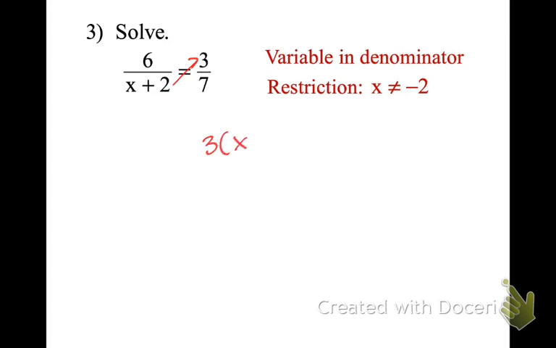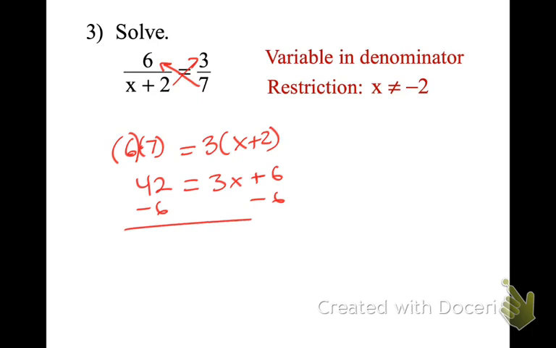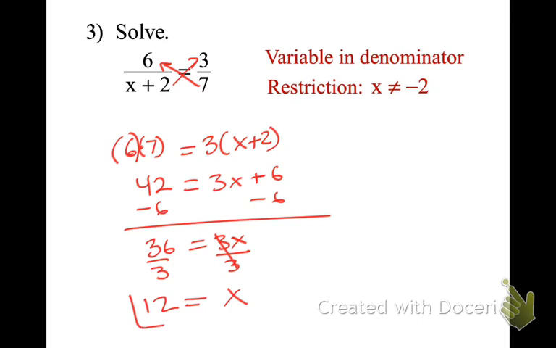So it's 3 times x plus 2, and this one would be equals 6 times 7, right? So that's 42 equals 3x plus 6. Subtract the 6 from both sides. That's 36 equals 3x. The inverse is to divide by 3, and x equals 12.